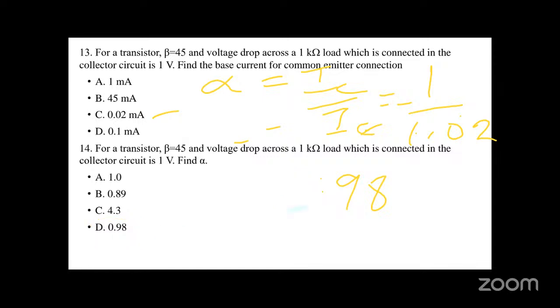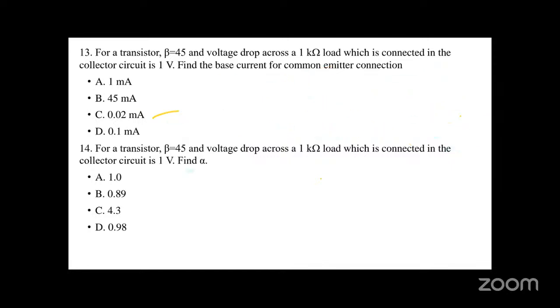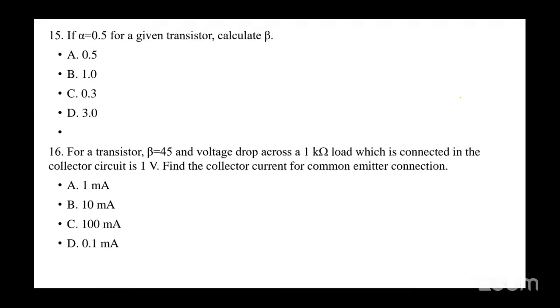So let's move again to the next example. Transistor. Calculate beta. Alpha is given as 0.5, calculate beta.